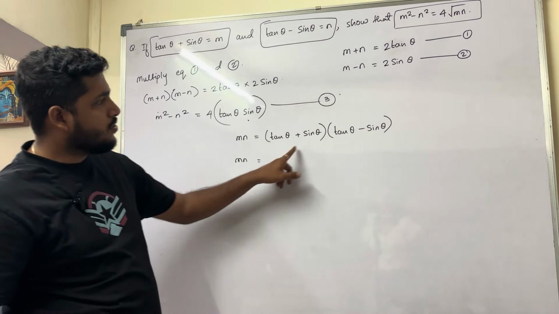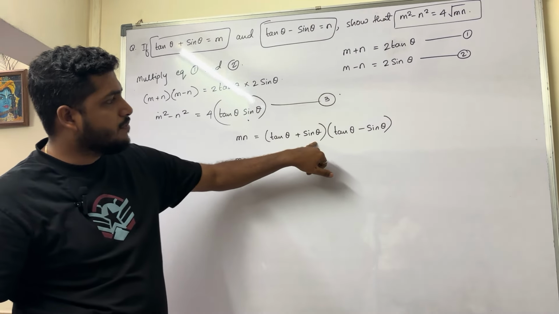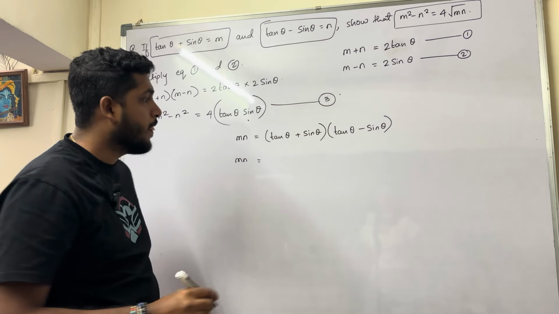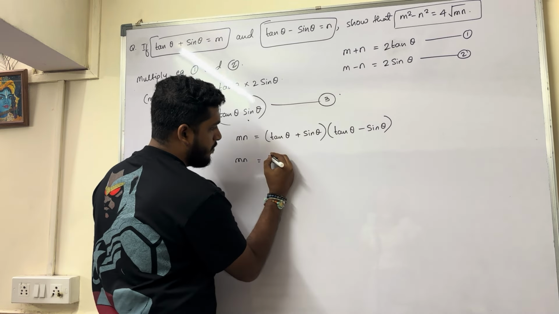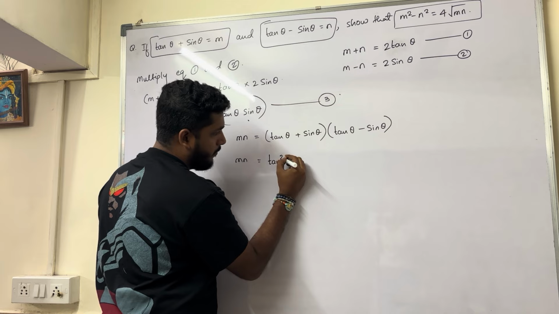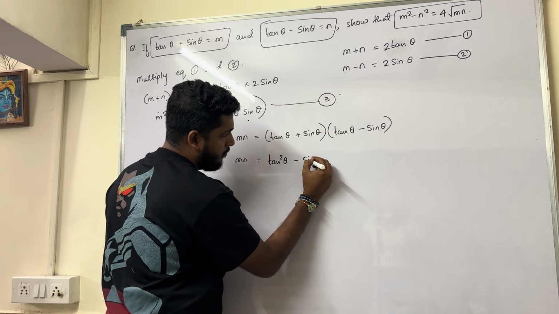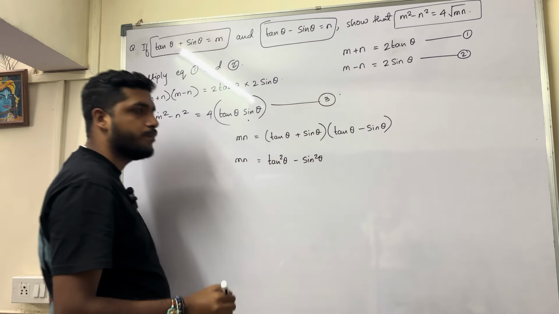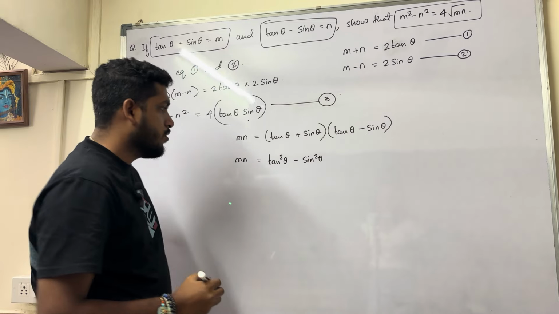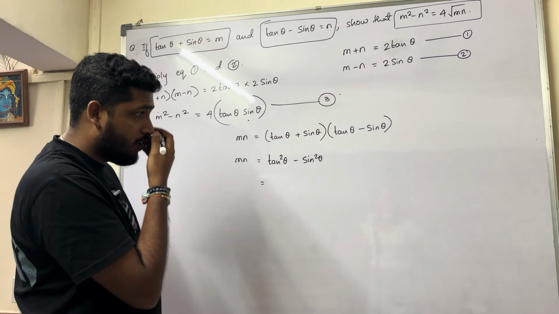So now this is also in the form of a plus b, a minus b. So now a plus b, a minus b is a square minus b square. Okay. So now we can use basic stuff here.